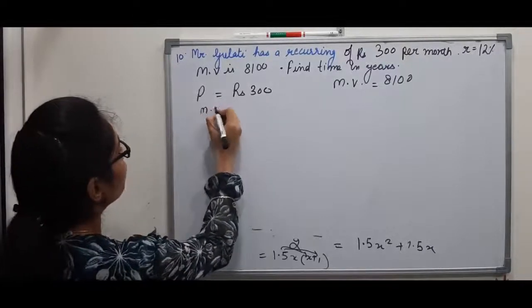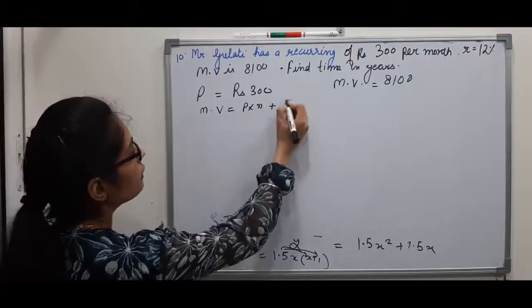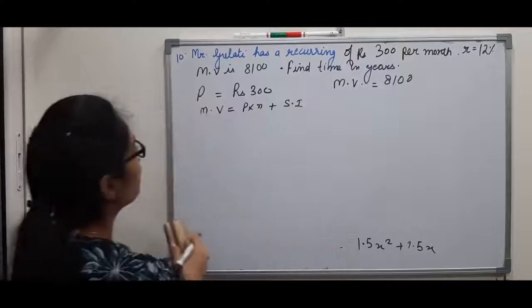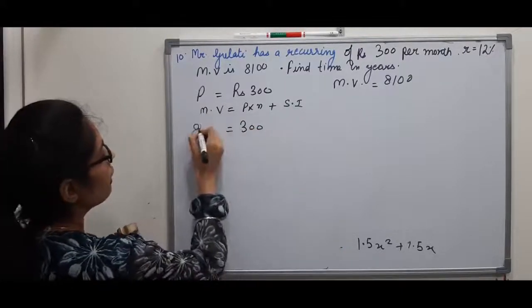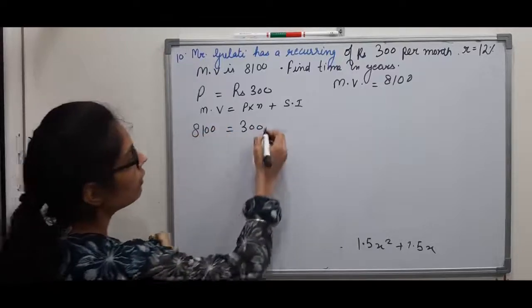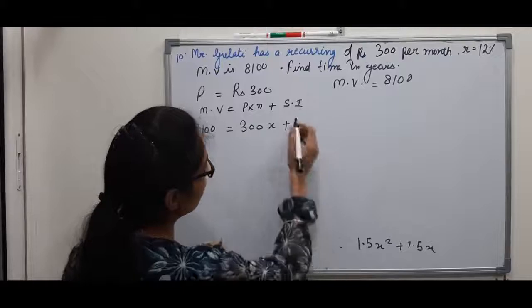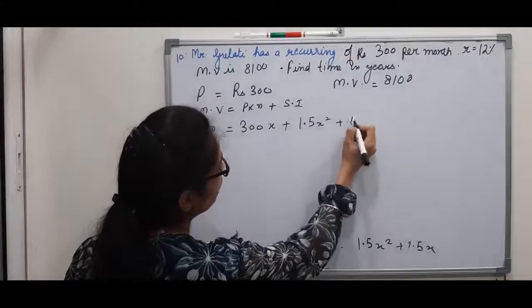Maturity value is equal to P into N plus simple interest. P is 300, maturity value is 8100, N is x, plus simple interest. Just now I have calculated, it is 1.5x square plus 1.5x.